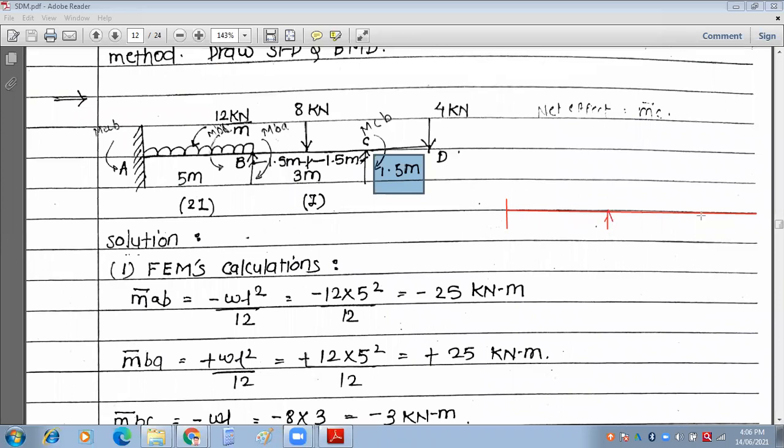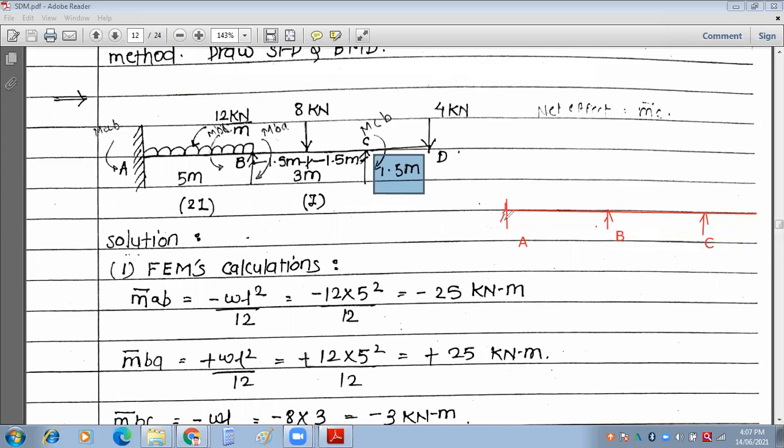Okay, now such a beam is there. Support A, support B and support C. Let us draw this.